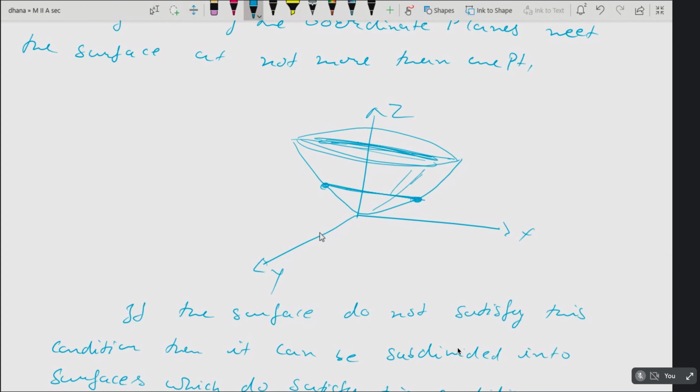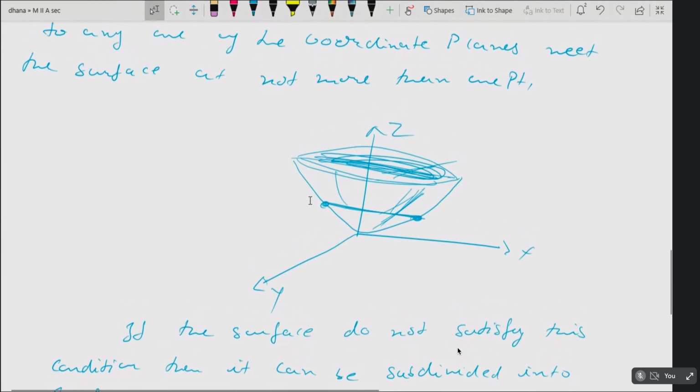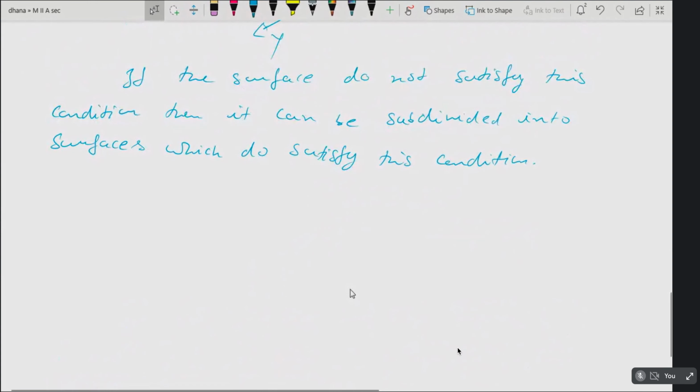That means this paraboloid part will be one surface and the plane will be one surface. For the paraboloid, if I draw, it will touch at 1 point. For the plane also, it will touch at 1 point. So accordingly, you have to take. So if the surface does not satisfy this condition, then it can be divided into subsurfaces which do satisfy this condition.